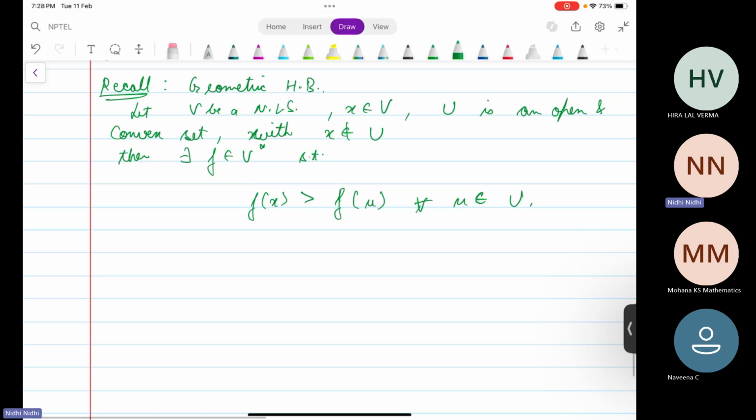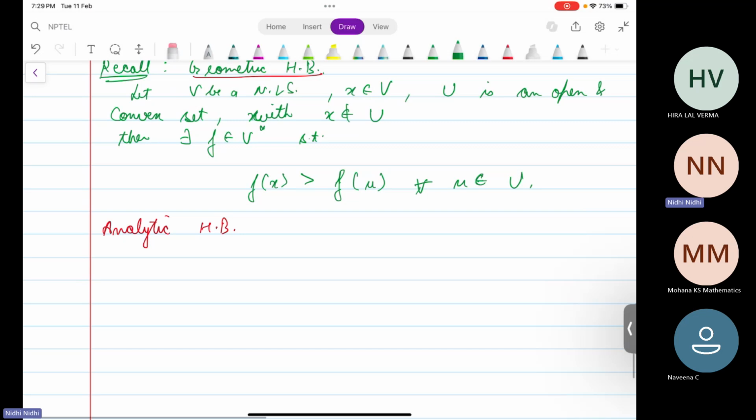And then comes the analytic version. In the analytic version, we can find an extension. Let W be a subspace of V and f from W to R a continuous linear functional.